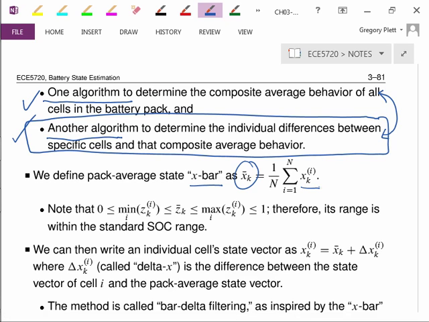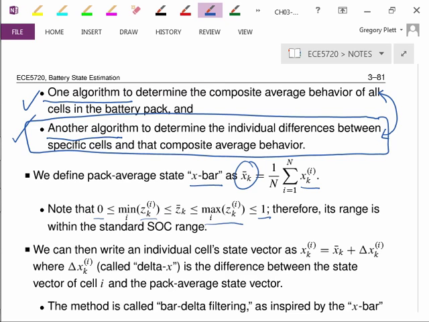And if one of the components of the state vector is state of charge, like z, z is in there somewhere, we know that 0 is less than any of the z's, so it's less than the minimum of the z's for certain, and 1 is bigger than any of the z's, so it's bigger than the max z for certain. And if all the cells are at the minimum and I add them together and divide by n, well, the average would simply be the minimum.